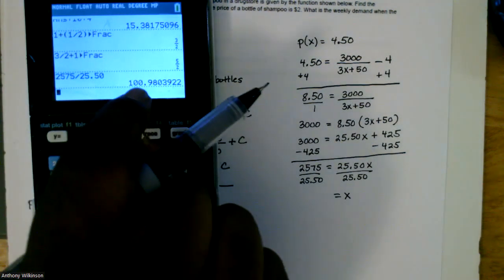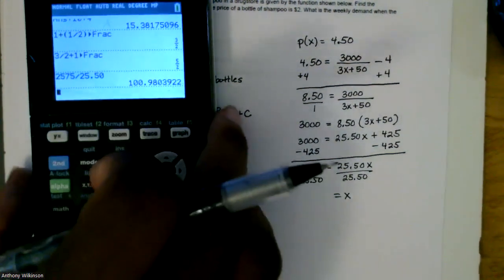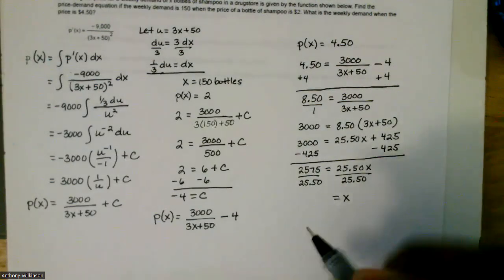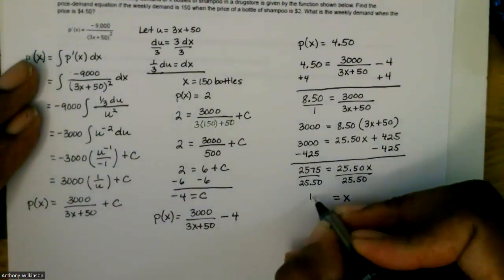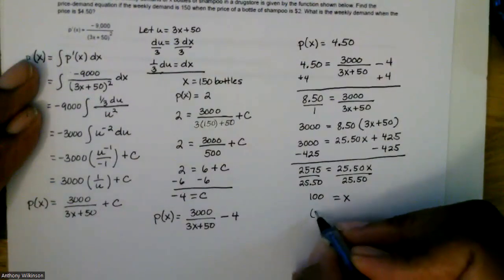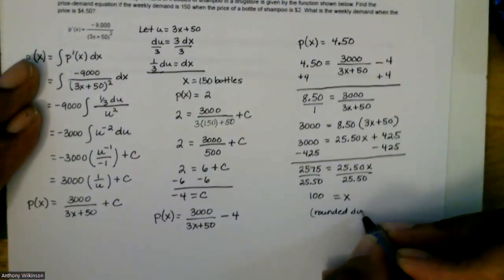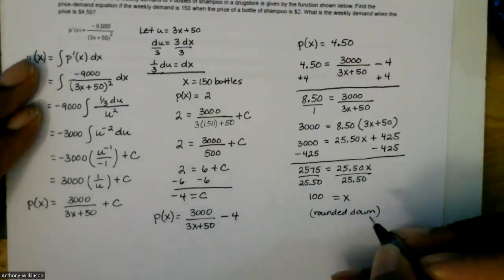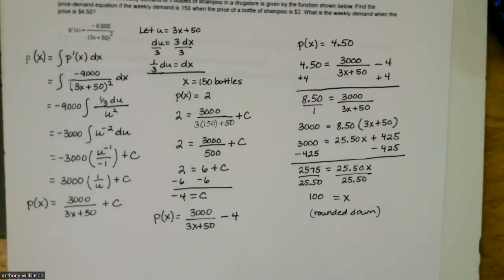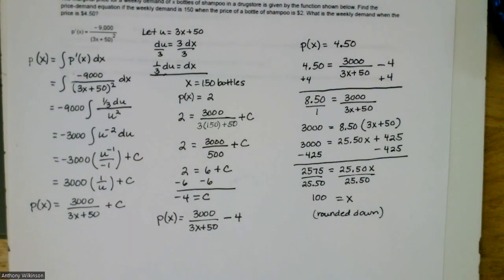So this answer will actually be 100, and I'm going to put in parentheses, rounded down. Okay, that would be the weekly demand when the price is $4.50 for that particular problem.